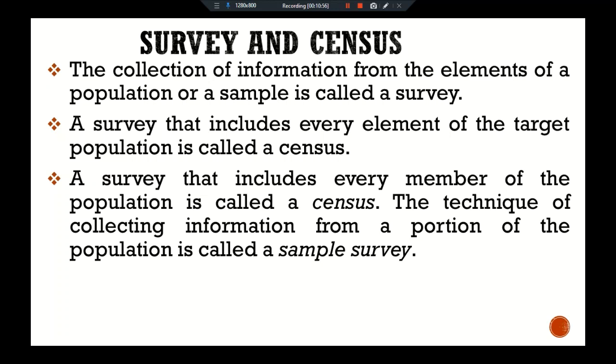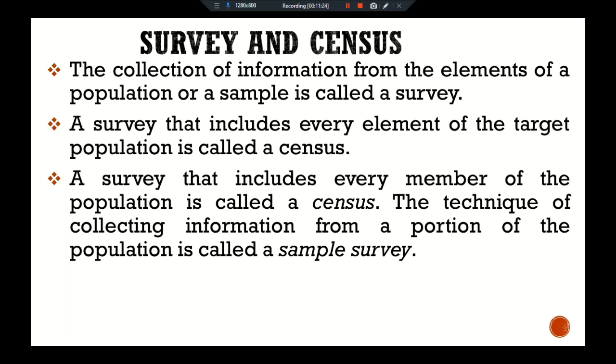As an example, to find the average income of families living in a particular city by conducting a sample survey, the sample must contain families who belong to different income groups in almost the same proportion as they exist in the population. Such a sample is called a representative sample.